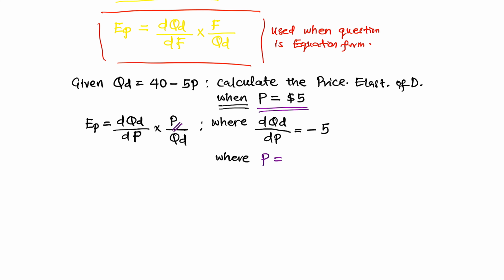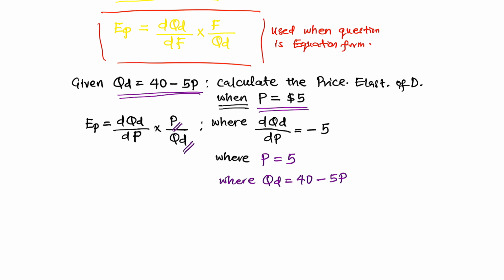The question gave us the price as 5, and where quantity demand. In the question, we have no value for quantity demand, but to get the quantity demand when the price is 5, we go back to this equation. We know that quantity demand is 40 minus 5P.